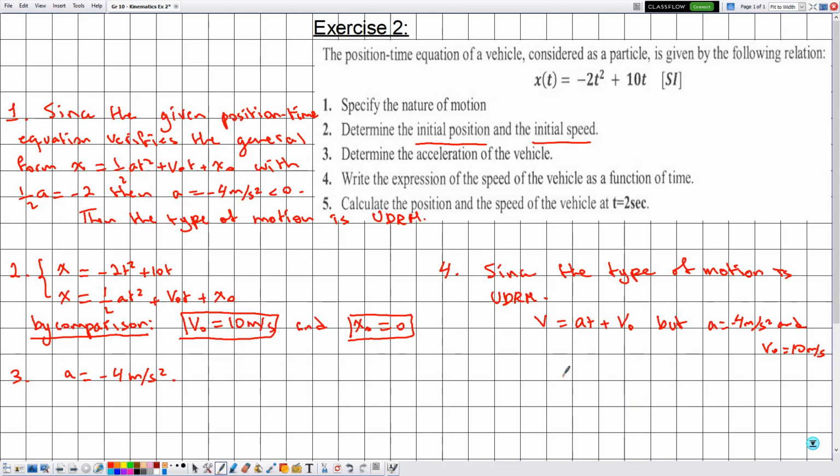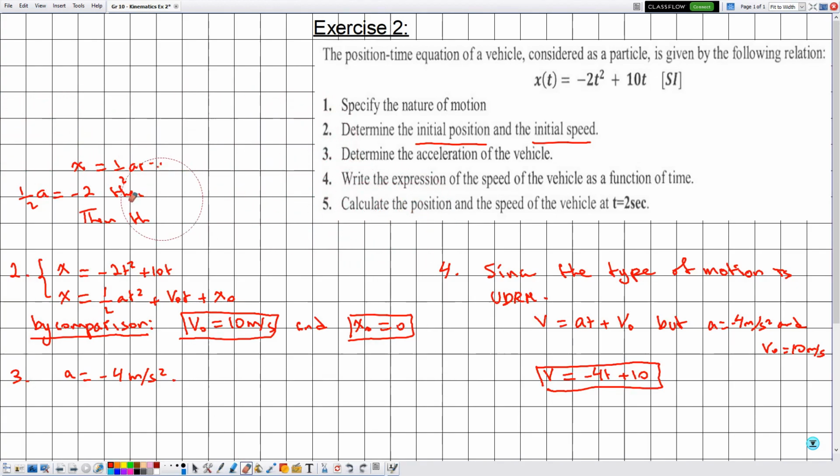For this reason, the general expression of the speed as a function of time is given by v is equal to -4t plus 10, in which everything is expressed in the SI. So here now we have two equations. This is the given equation, and the second equation that we have determined is v of t is equal to -4t plus 10, and everything for sure is expressed in the SI.